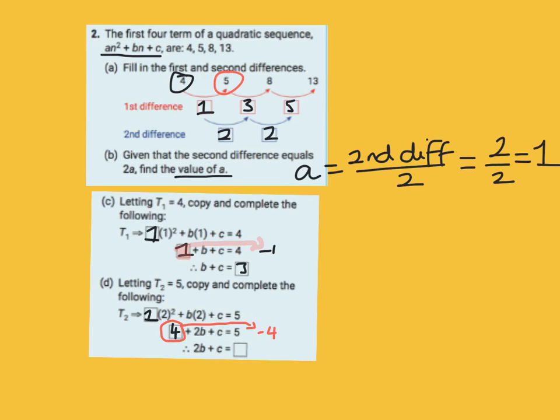That gives me minus 4. Or do your balancing method: subtract 4 from the left hand side, subtract 4 from the right hand side. It's the same thing. And what I get is 5 minus 4 gives me 1. Okay. Any questions so far?